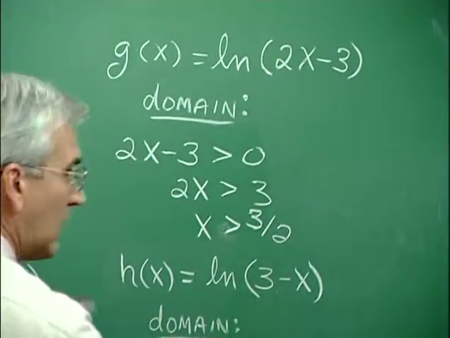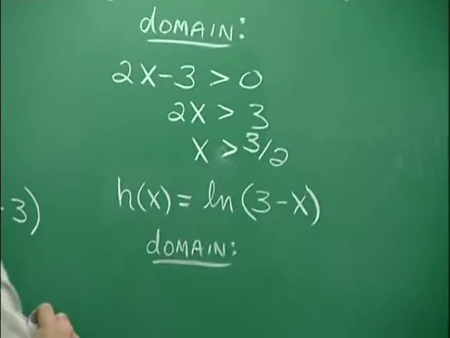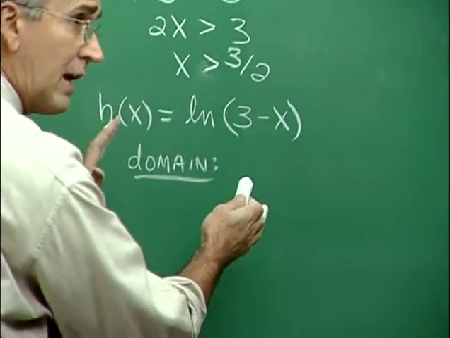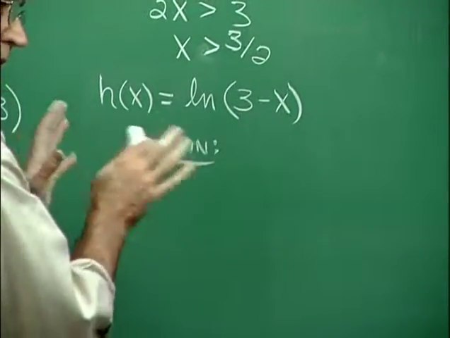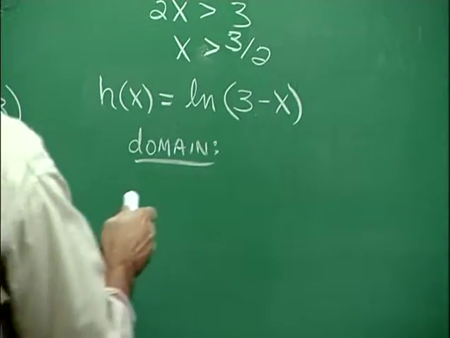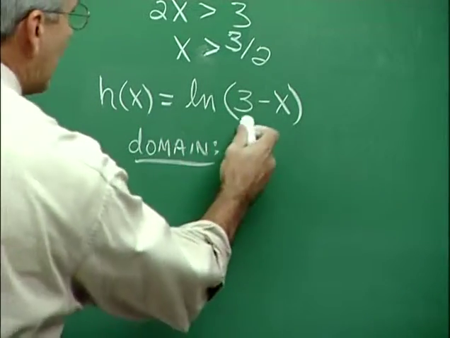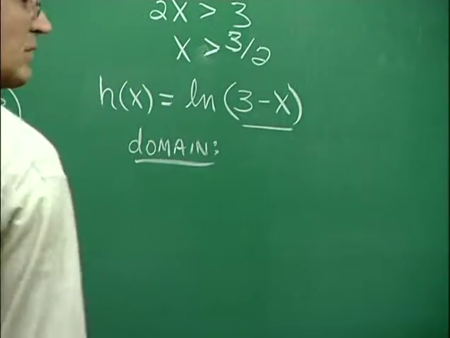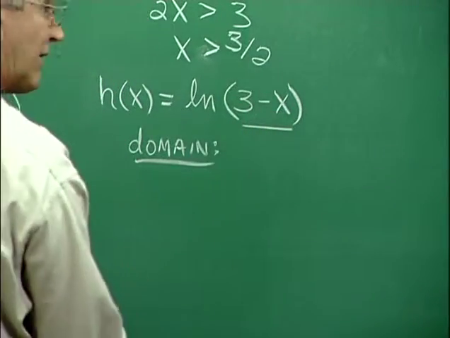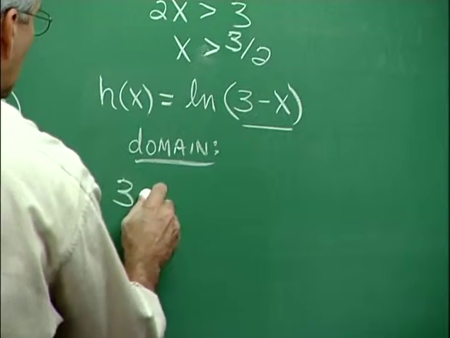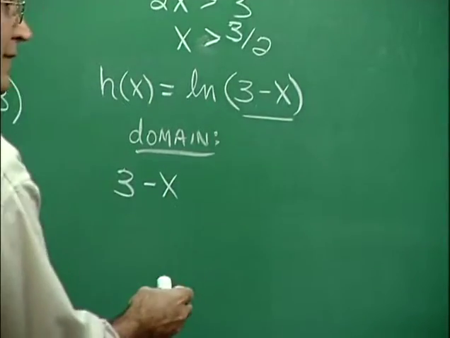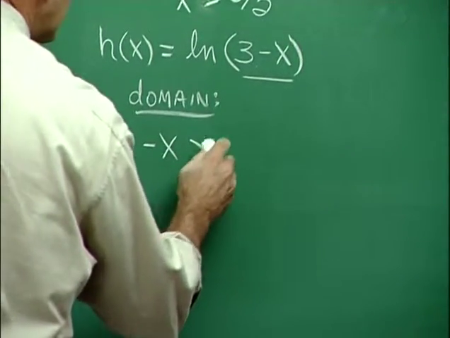Now what about this one? This one is kind of interesting from a graphical standpoint as well as from an establishing of the domain standpoint. If we're finding the domain, we want the values of x that will cause this value to be positive, because we can only take the log of positive values. So we want to know what value of x will cause 3 minus x to be greater than 0.